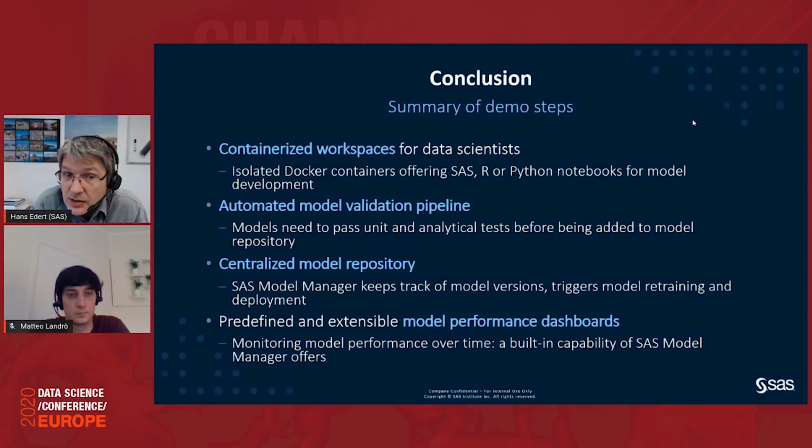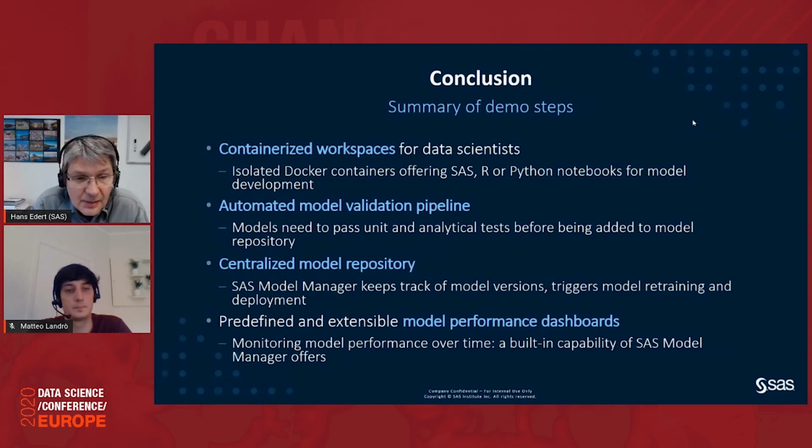You have seen an automated model validation pipeline. That was the piece running in Jenkins, where we checked the model before we accepted it for our central model repository. That was the next step that you saw. We have a way of centralizing models, keeping a version, keeping a history, keeping a lot of metadata of your models inside Model Manager in SAS.